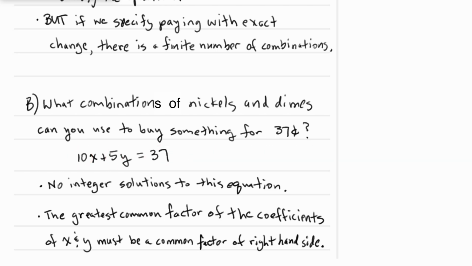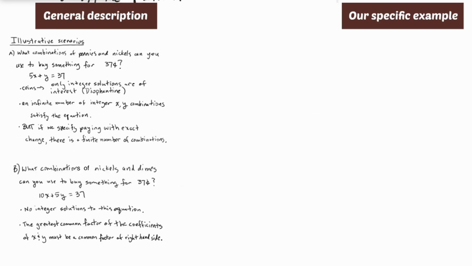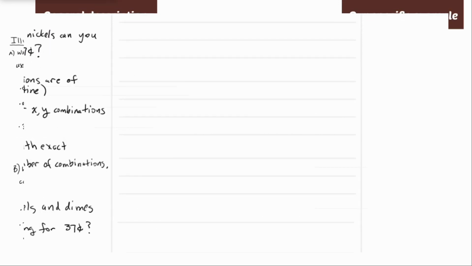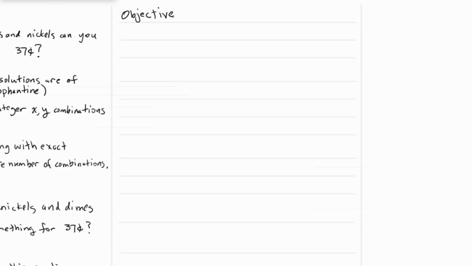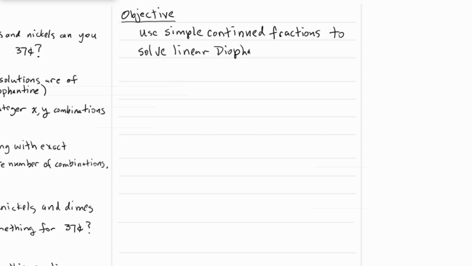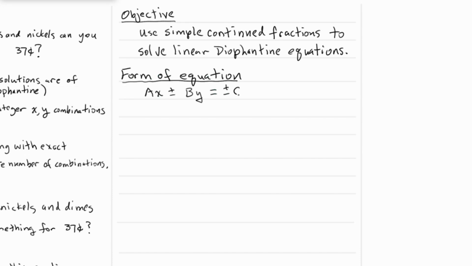Now we'll talk a little about what we'll do with equations like these using simple continued fractions. We'll zoom out so we can see the whole whiteboard, and we'll zoom back into the middle. Our objective is to use simple continued fractions to solve linear Diophantine equations. The form of the equation will be ax plus or minus by equals plus or minus c.